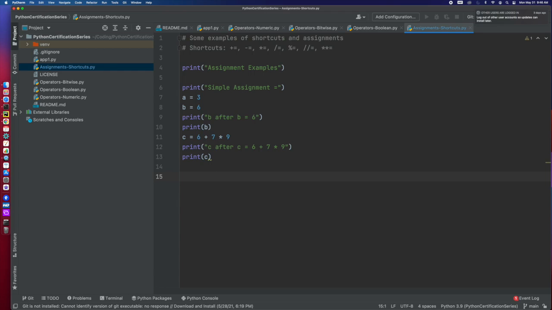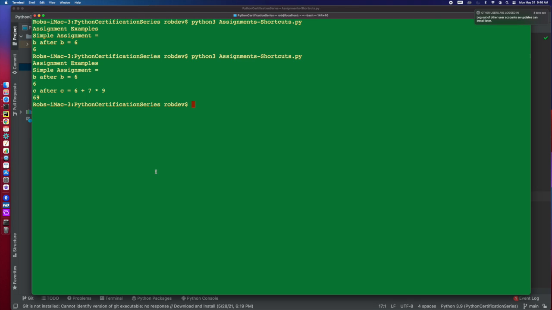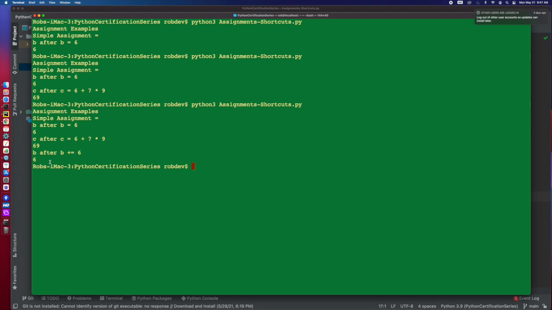Now let's look at the shortcuts. Leaving that b, it's still 6 up there. But if we do b plus equals 6, then what we're going to see is, oh, did I do that right?